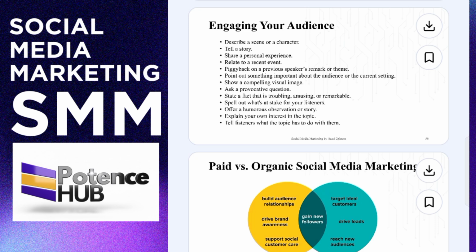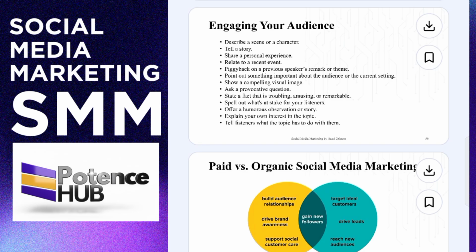Very important. Describe a scene or a character, tell a story, share a personal experience, relate to a recent event. Are we together? You have to do all of this. You're using this to be able to engage with your audience. Point out something important to the audience or about the current settings. Show a compelling visual image. These are things you use. Ask a provocative question.